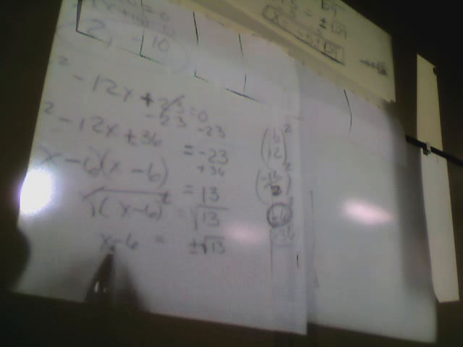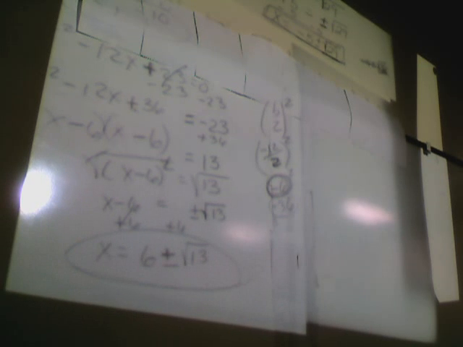So we only have one more step. Take the negative 6, we need to put plus 6 on both sides. So x is going to equal 6 plus or minus square root of 13.